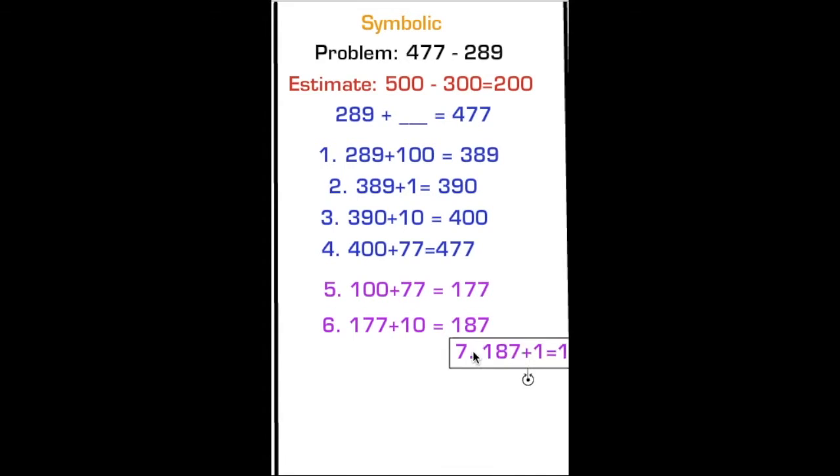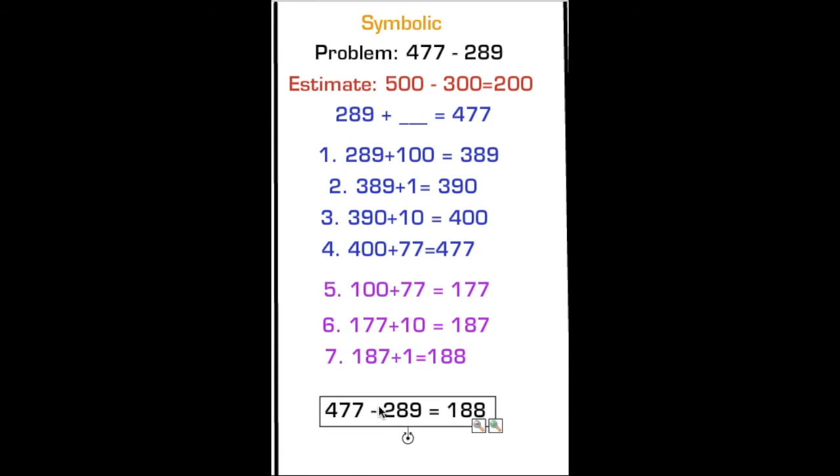And then now all that's left is 1, so 187 plus 1 will equal 188. Now that I've added all of the add-ins that I put in together, I have a sum of 188. And now if I flip my question back to the subtraction question, I have 477 minus 289 equals 188.